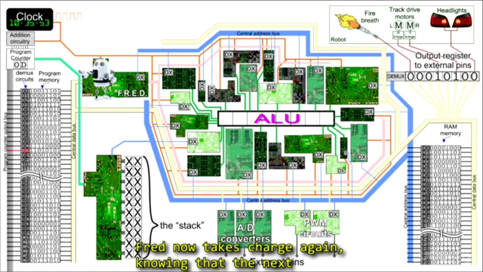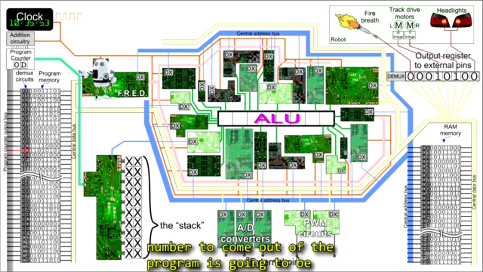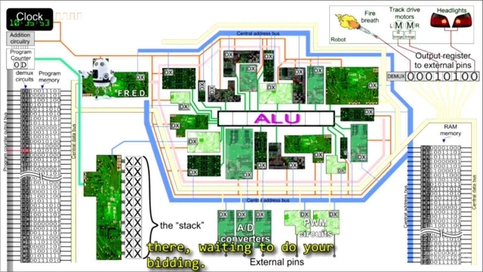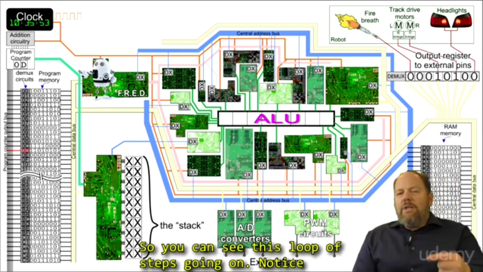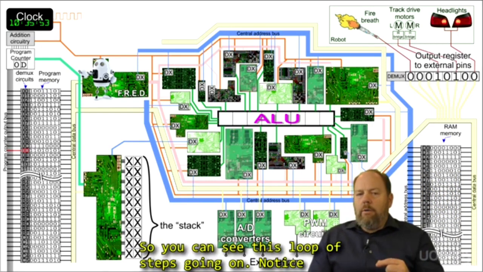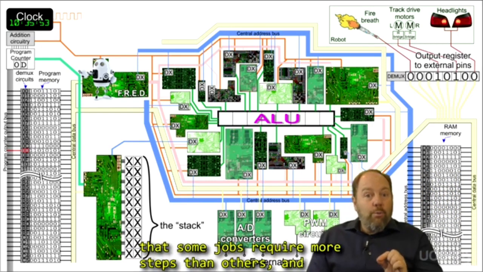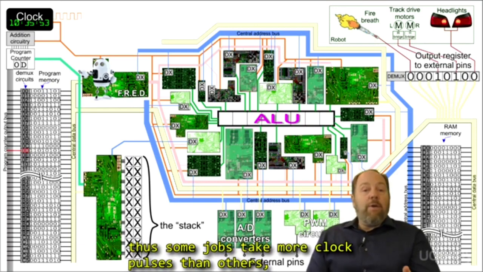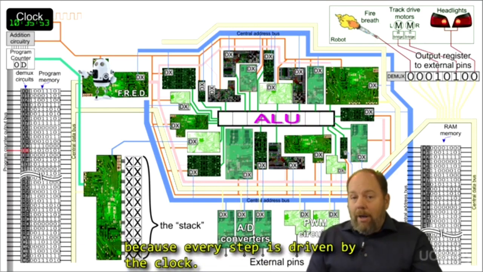Fred now takes charge again, knowing that the next number to come out of the program is going to be the address of one of the utility circuits. So Fred is ready to pass your next instruction to the next utility circuit, all of which are sitting there waiting to do your bidding. So you can see this loop of steps going on. Notice that some jobs require more steps than others, and thus some jobs take more clock pulses than others, because every step is driven by the clock.